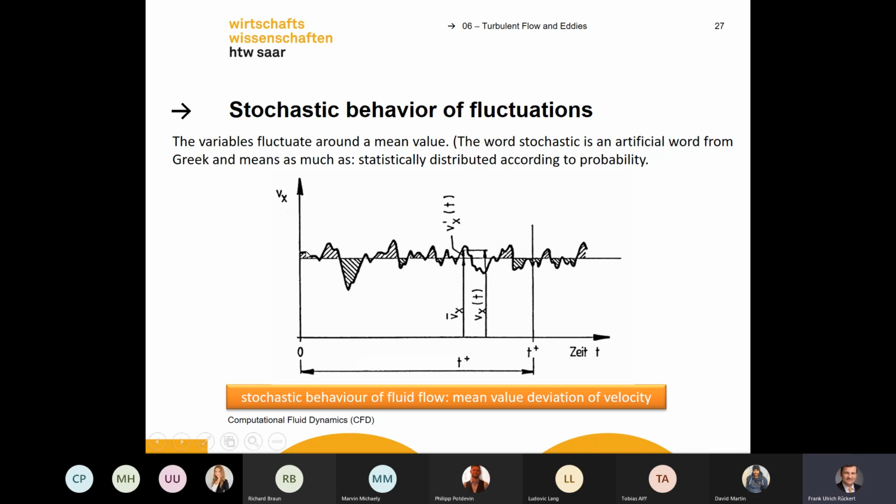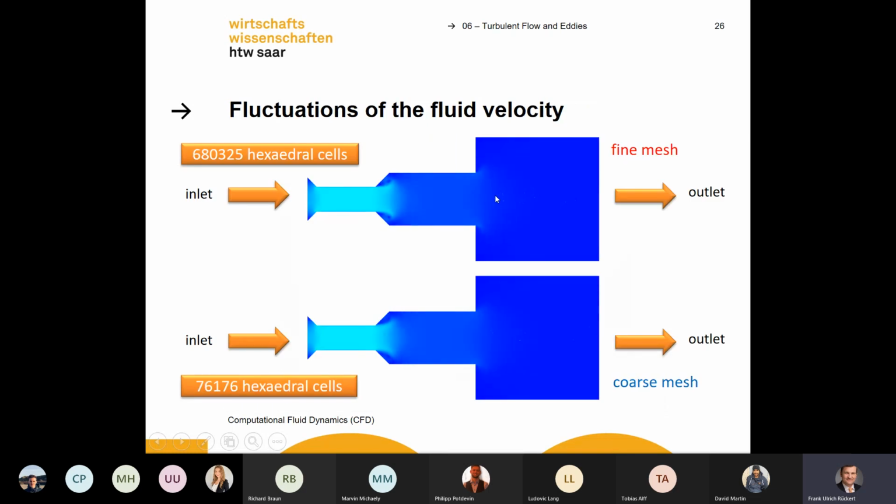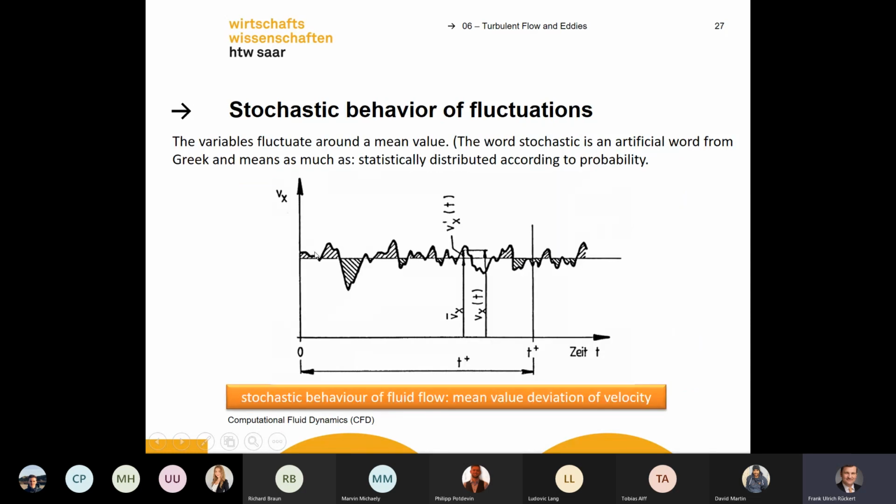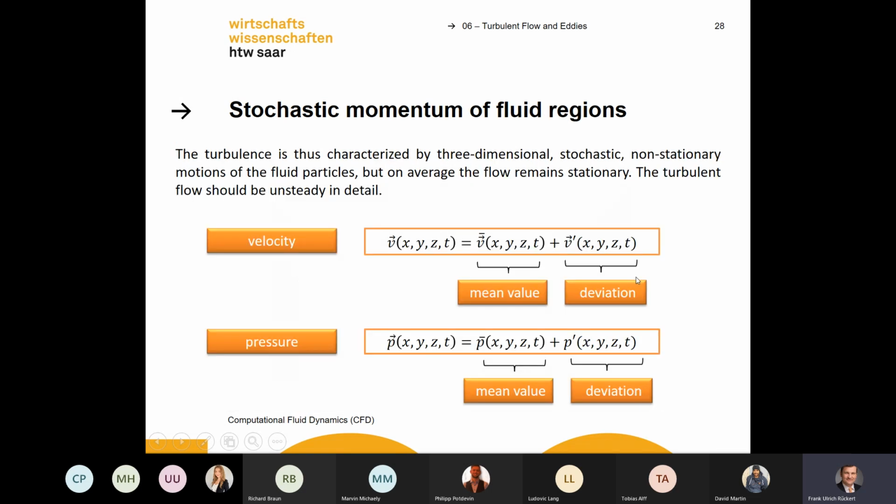Here you see a fluctuation, and you can also see it in the results. You have this fluctuation of the velocity, and you can describe it by a deviation from the mean value. You can describe the mean value of the velocity, and the deviation, which is influenced by the fluctuation.